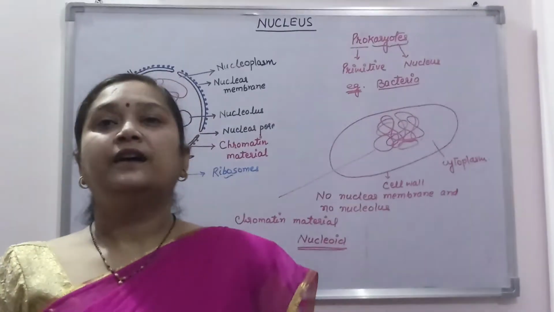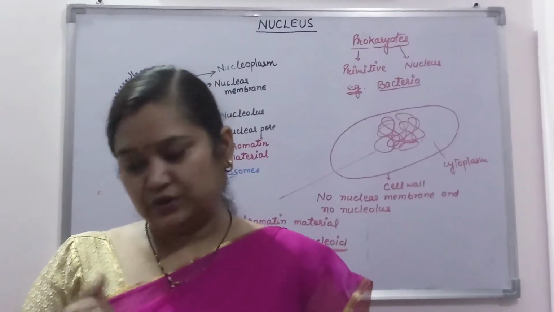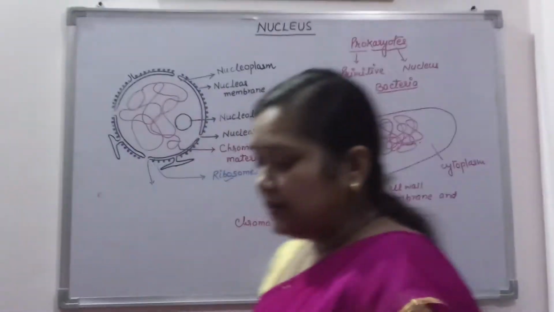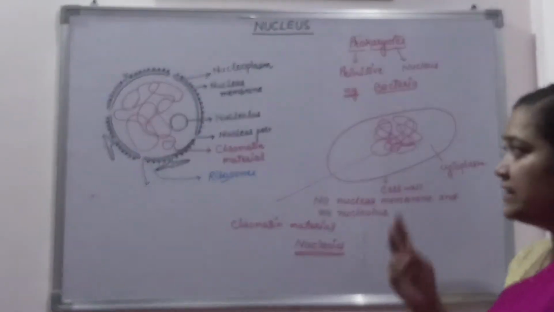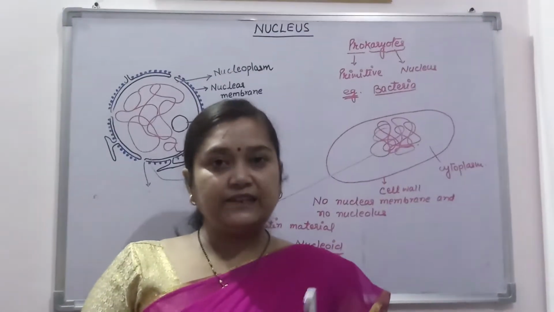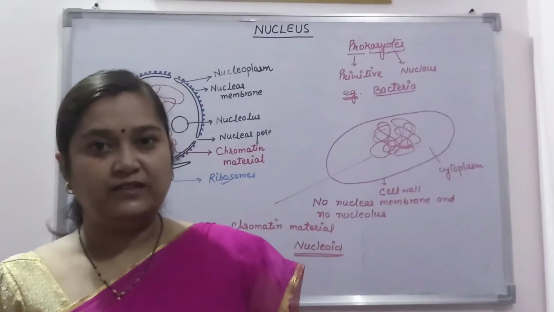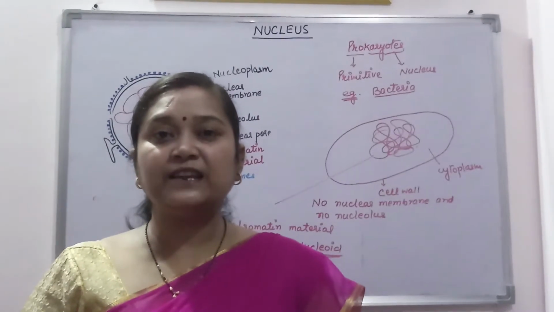Okay, student. Now, let us discuss the function of the nucleus. First function, beta, nucleus is the center for genetic information. Why is it the center for genetic information?